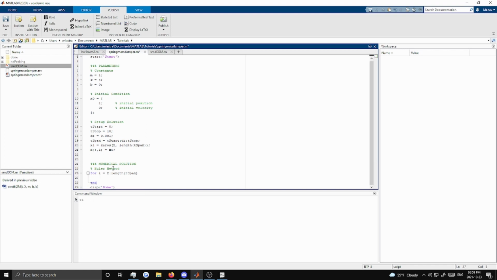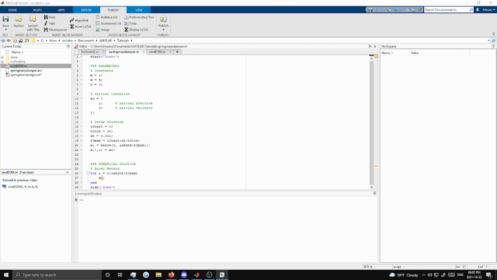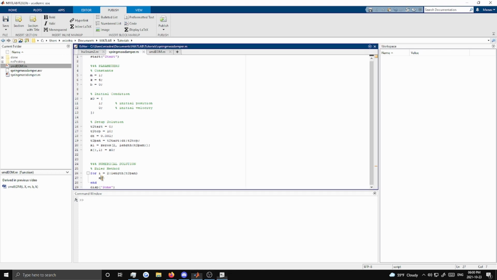Now, here we have to ask, how do we convert the formula that we derived into a formula that is usable and codable in MATLAB? If you remember correctly, what we had was we had to put in the next step. So the next step would be I.